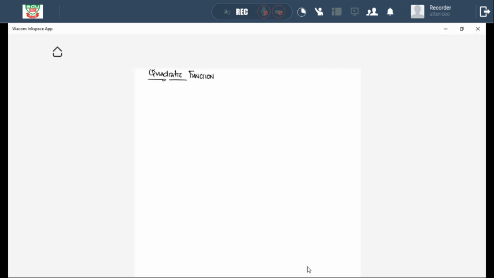Right, I'm going to underline that. We want to sketch a quadratic function.